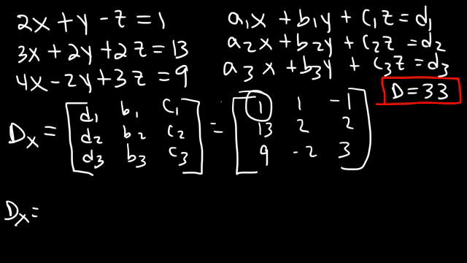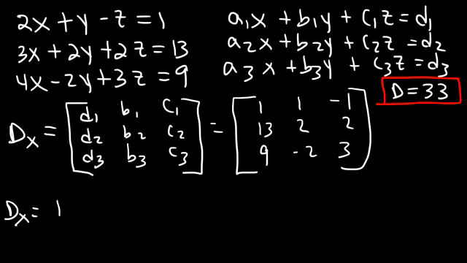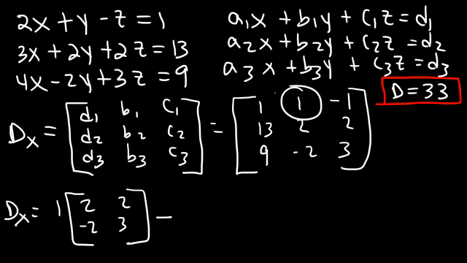So we're going to start with this number. It's going to be 1. And if we take out the row and column that correspond to that number, we're going to get these numbers. So that's 2, 2, negative 2, and 3. And then it's going to be minus the second one, which is also 1.